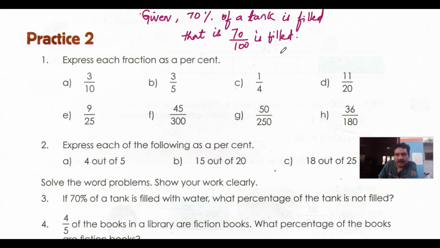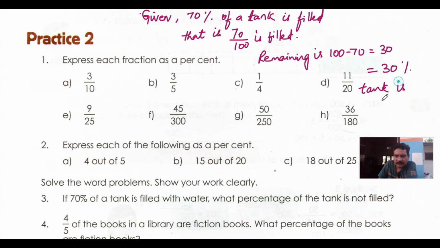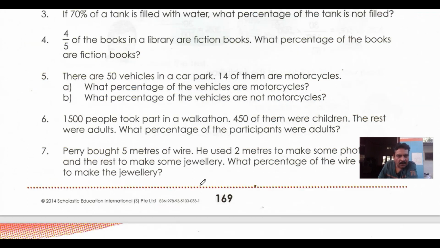Remaining is unfilled. Remaining is 100 minus 70 is equal to 30. Therefore, we can say 30% of the tank is not filled.